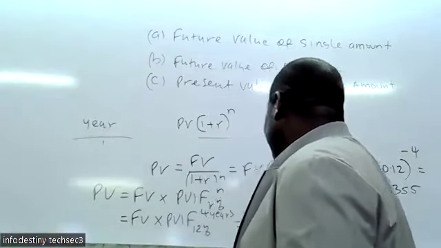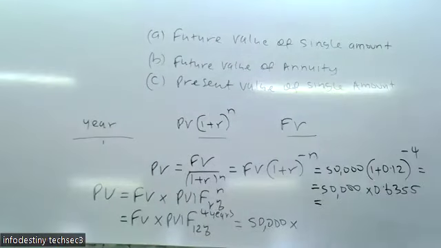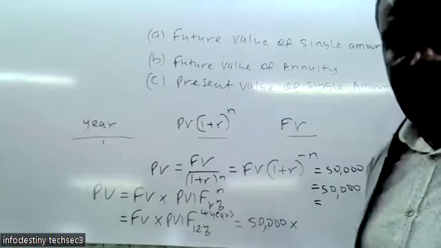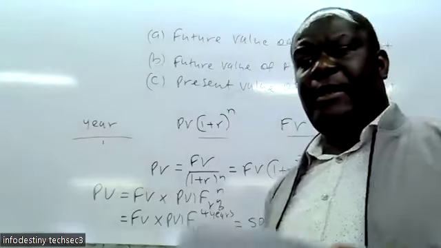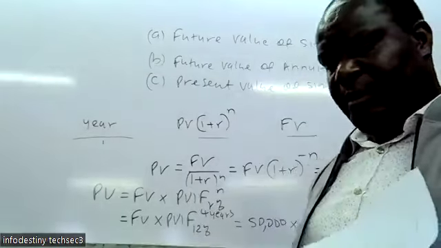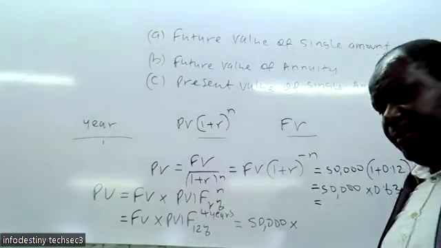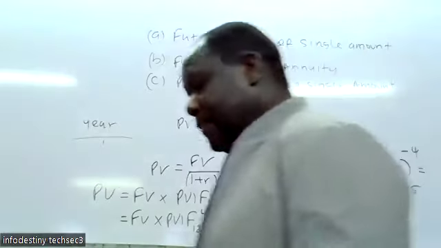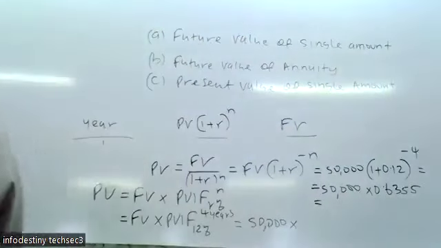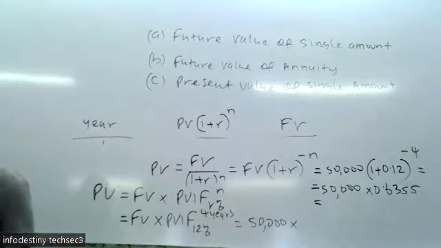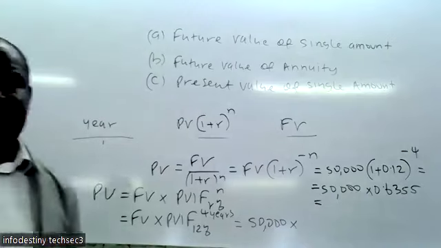So in your past papers, there are some tables at the back of your past papers. So the one at the very last at the back, that is the single period table.